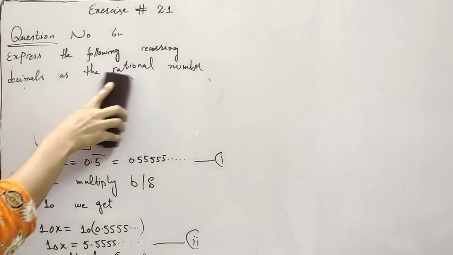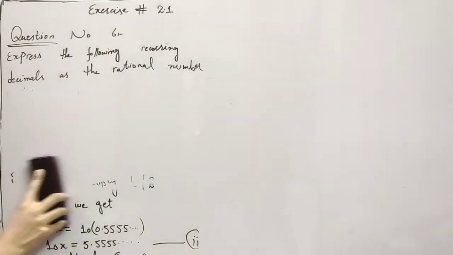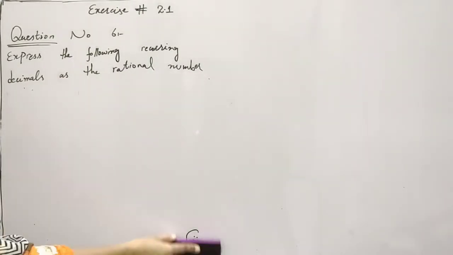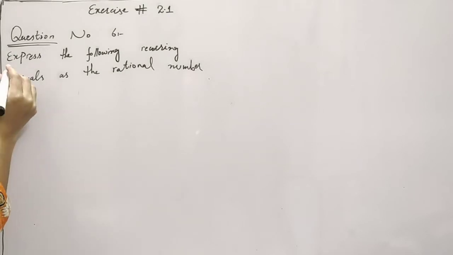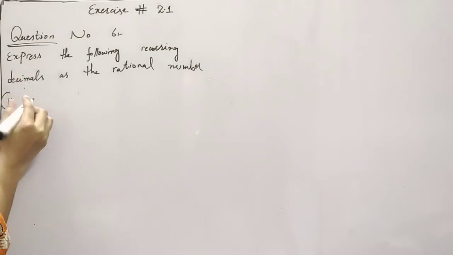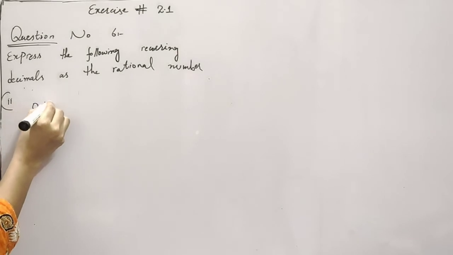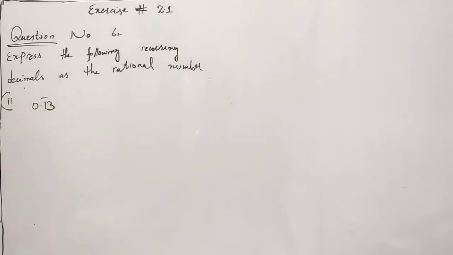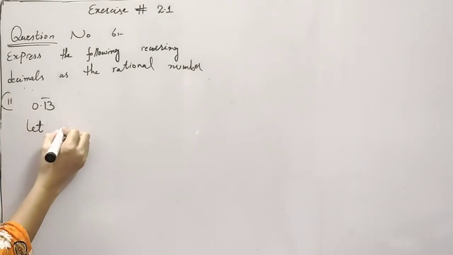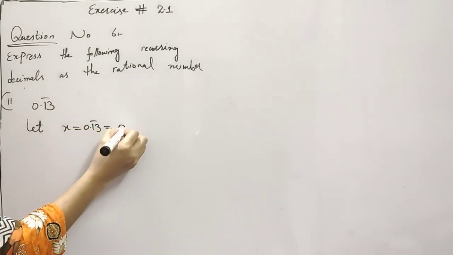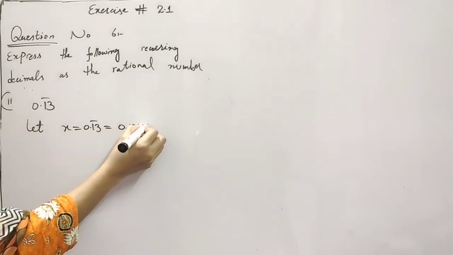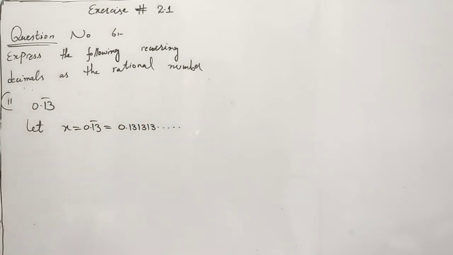Now we will solve the second part of question number 6, and the second part is 0.13 recurring. Let x equal 0.13 recurring, which is equal to 0.131313 and so on.